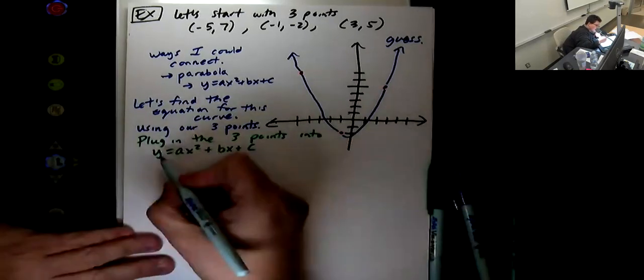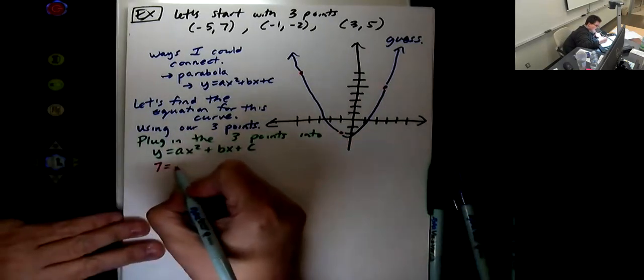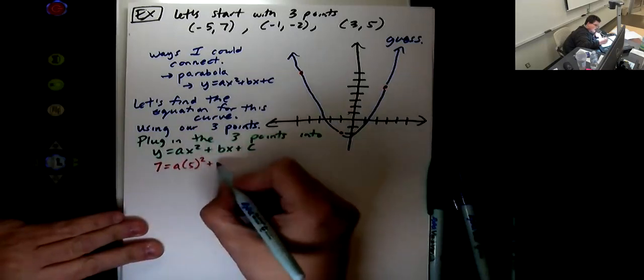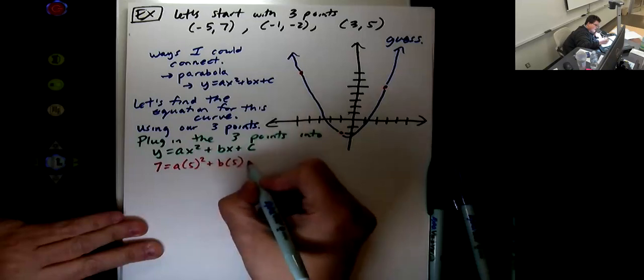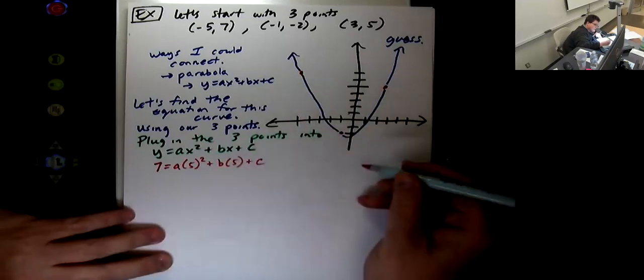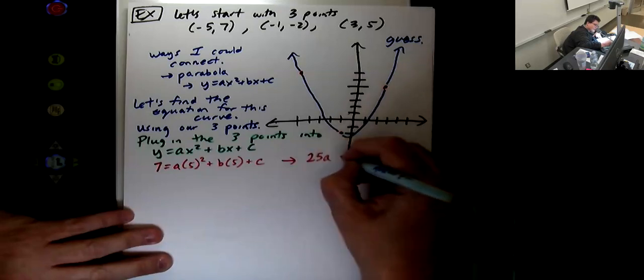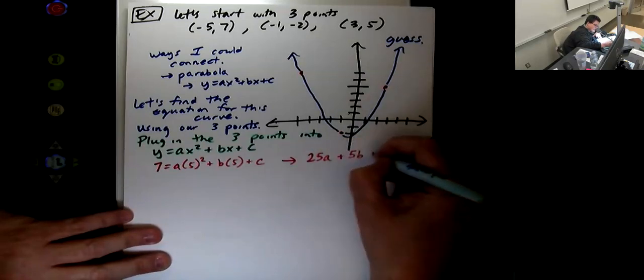If I plug in the first one, I've got 7 equals a times 5 squared plus b times 5 plus c. If I were to rewrite this, I would say 25a plus 5b plus c equals 7.